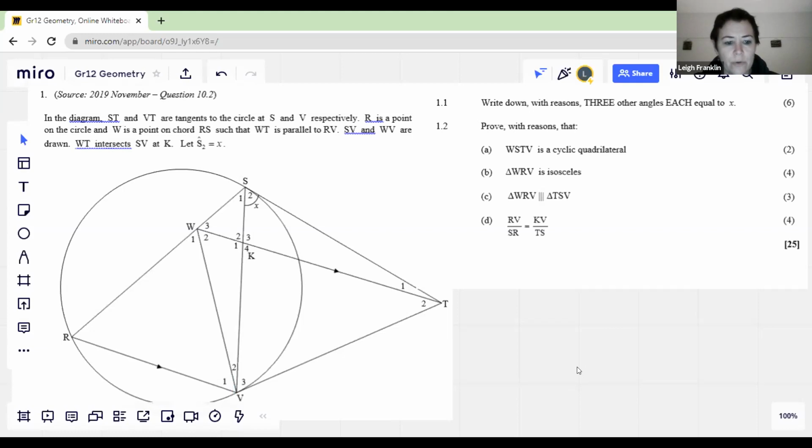Okay. So what do you think? What else equals X here? W2, says Chad. Okay, why? Why would it be W2, Chad? But, Chad, is WSTV cyclic?